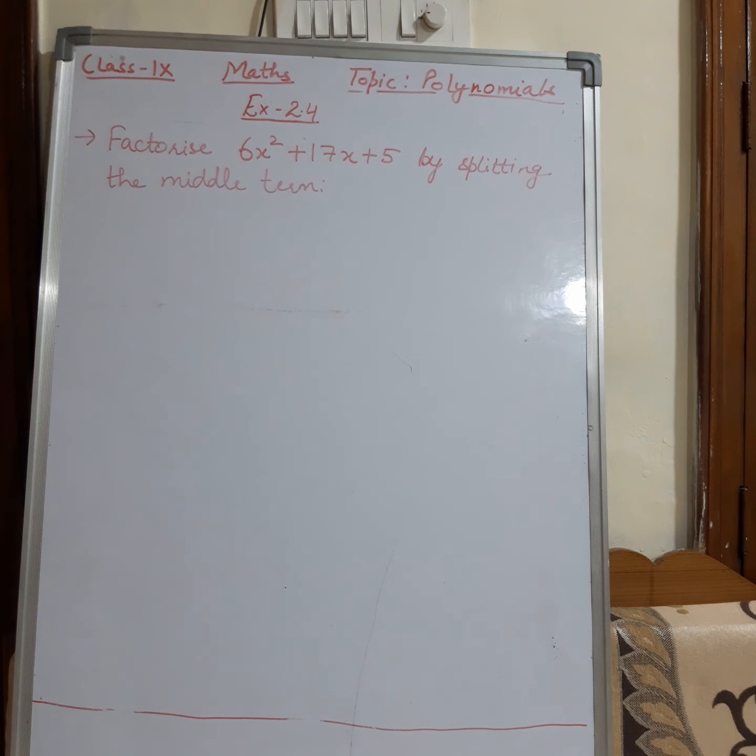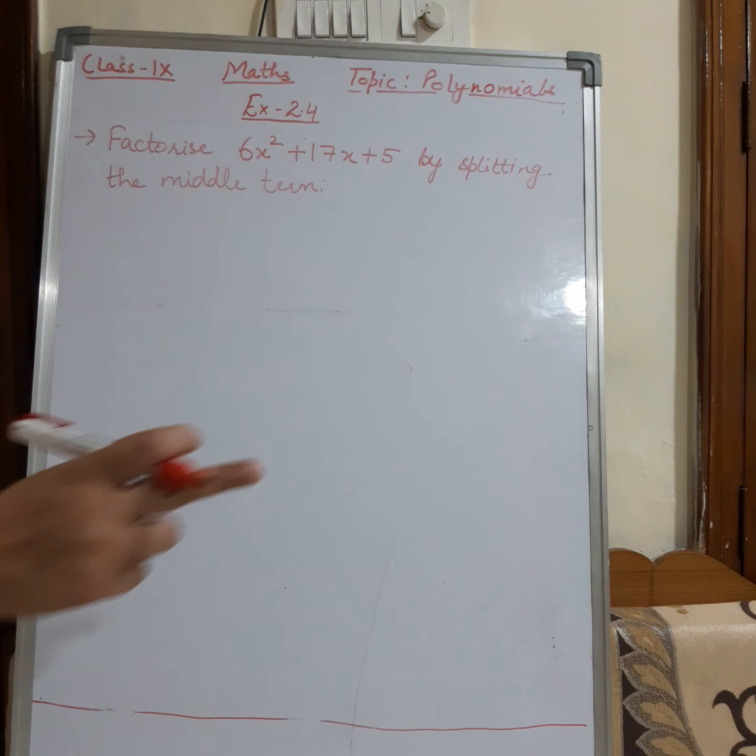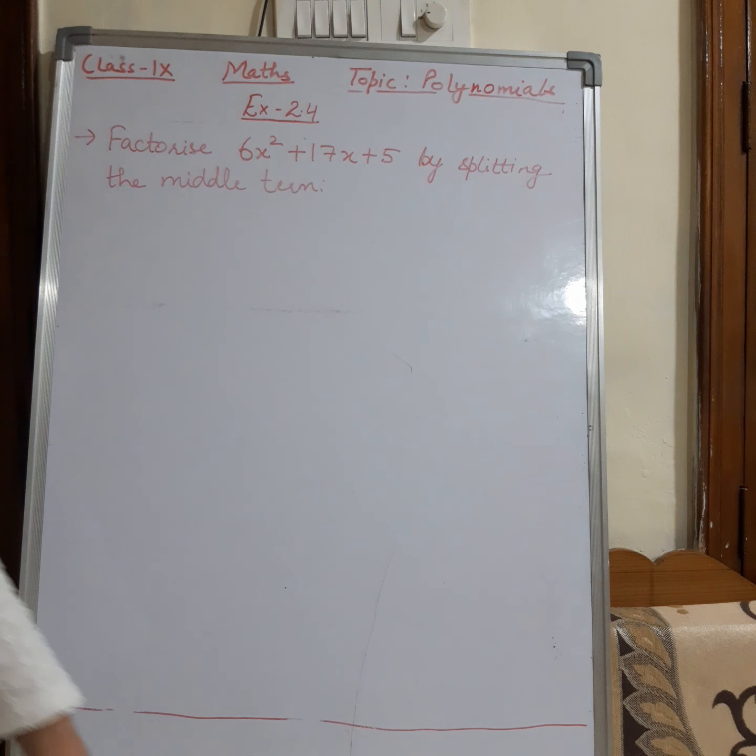Now next question is, we have to factorize the given expression by splitting the middle term. This concept you have already studied in class 8th also. Fine. So what is the method of middle term splitting?